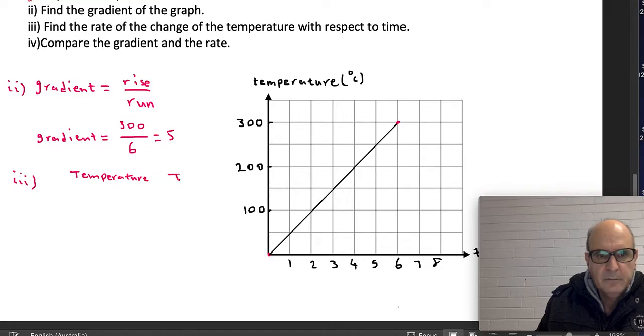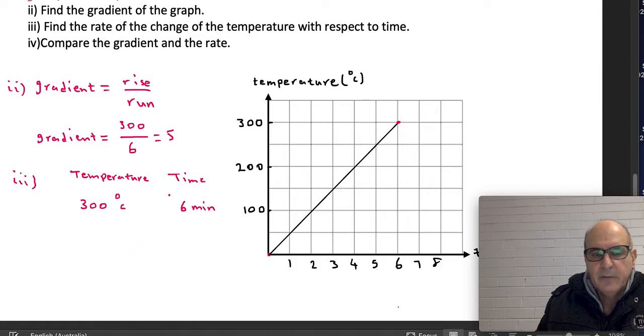I'm going to write all the temperatures here, all the times here. What temperature are we talking about? 300. And how long has that taken? 6 minutes. So that's 300 degrees C, and 6 minutes.